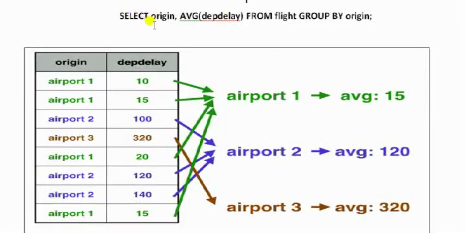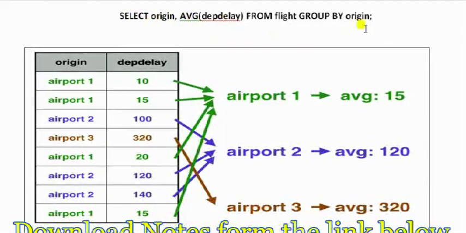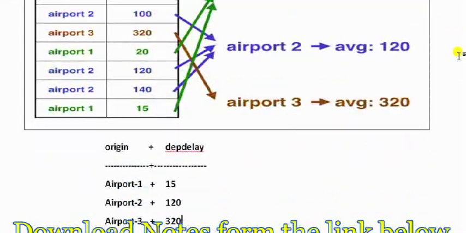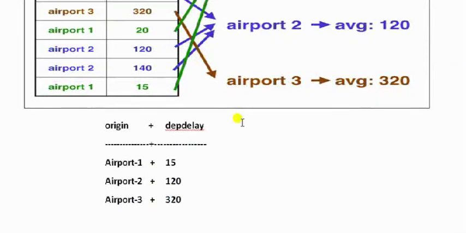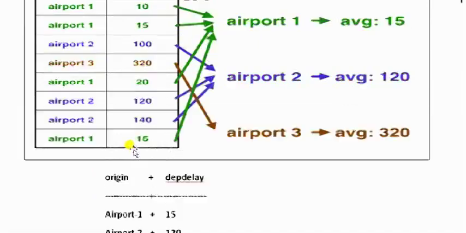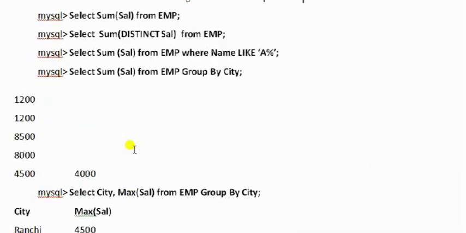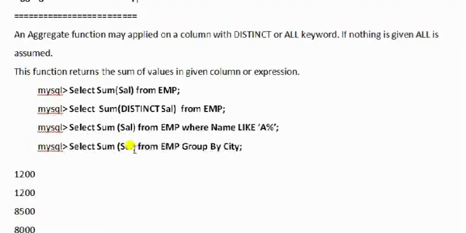So the output of this command would be: airport 1 15, airport 2 120, airport 3 320, origin wise grouped together. So this was one of the very important commands of the group by clause.